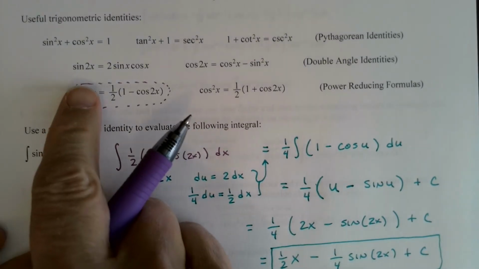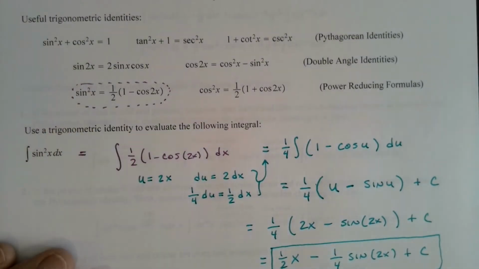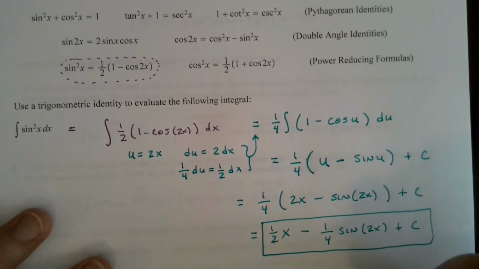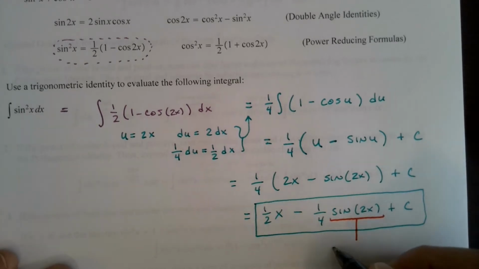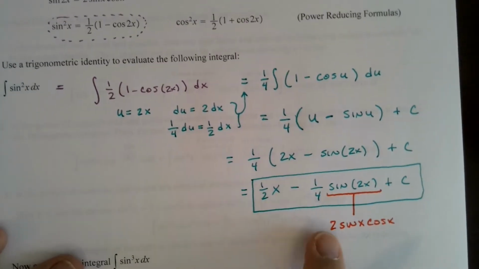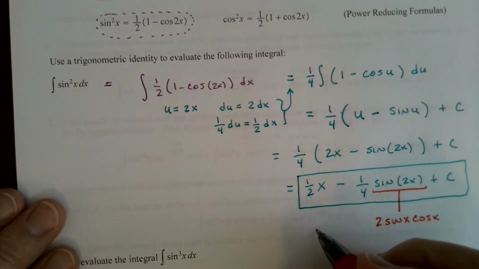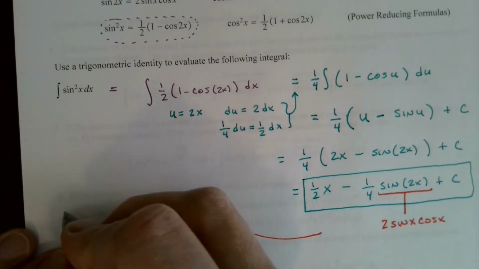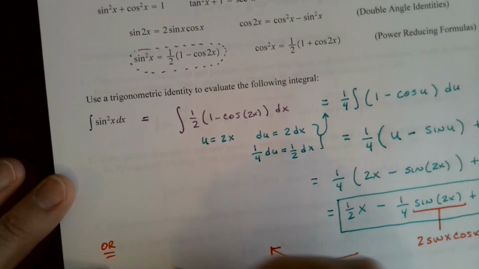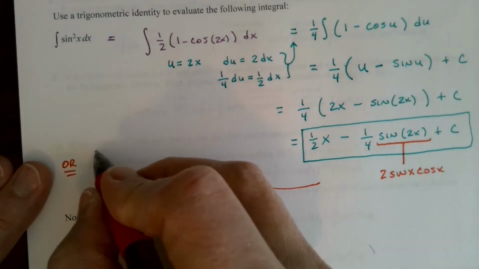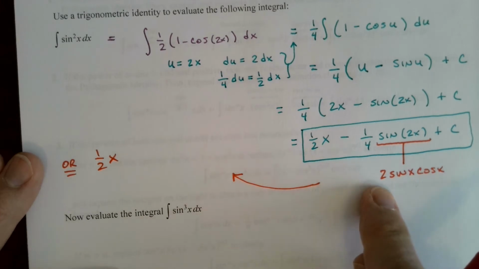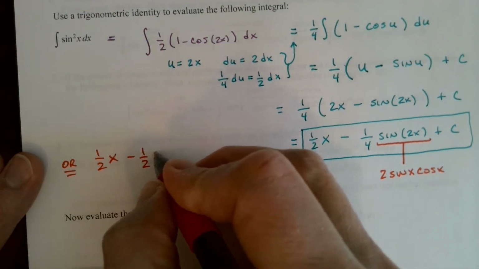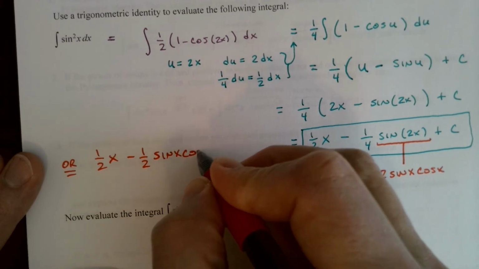So if I make use of that and replace sine of 2x with 2 sine of x cosine of x, and 1/4 times 2 is 1/2, then we get this other form, which is 1/2 x minus 1/4 times 2 again is minus 1/2, the product sine of x cosine of x.